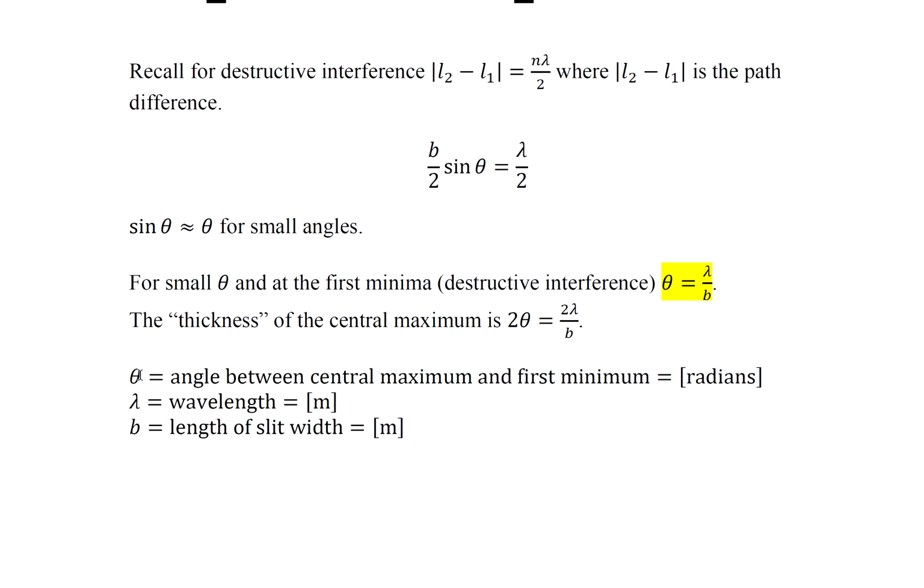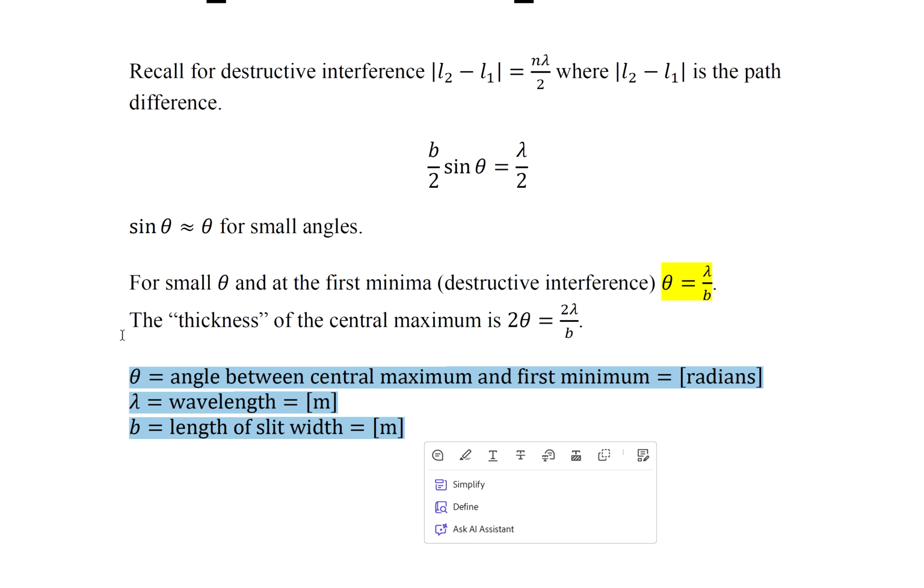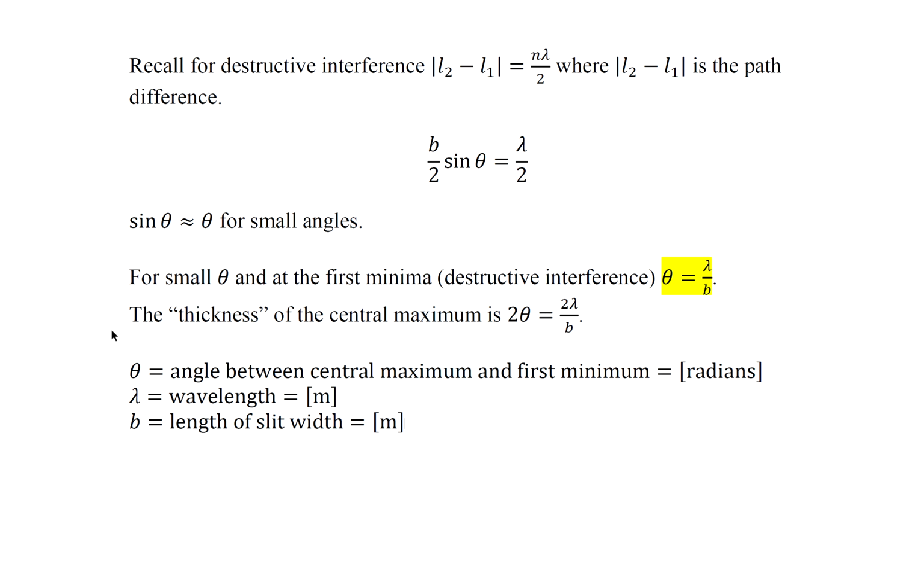So theta is the angle between the central maximum and the first minimum, in units of radians. Lambda has units of meters, and b has units of meters. So you can see the units on the left side equal the units on the right side: no units.